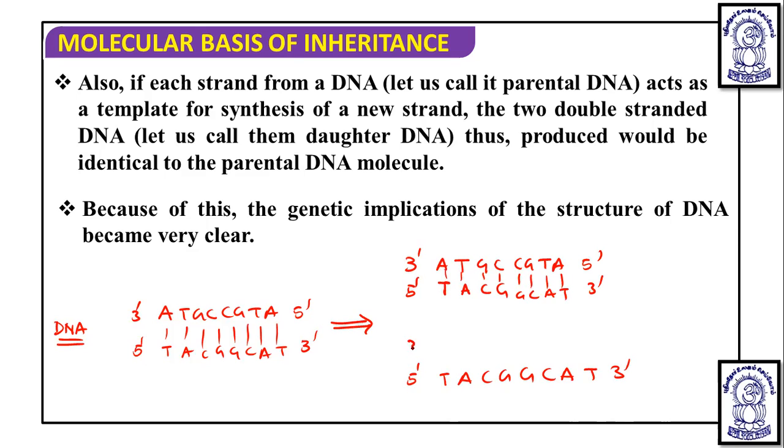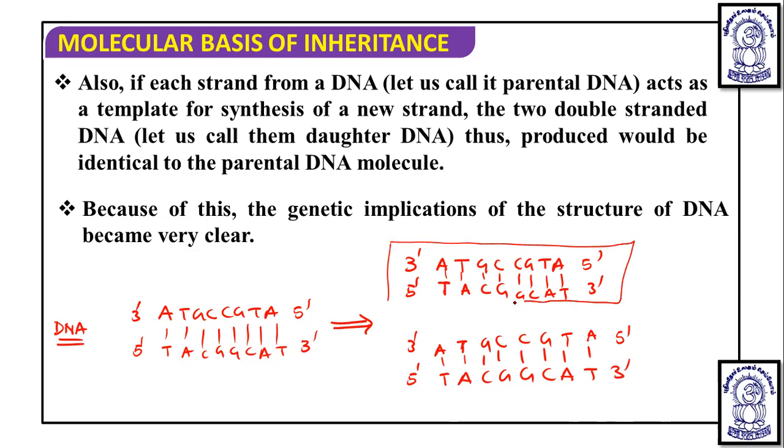So here if it is 5 dash, it is 3 dash. In front of T, what will come? A will come. In front of T, A, T will come. G, C, C, G, T, A, and 5 dash. So these are the two DNA molecules.